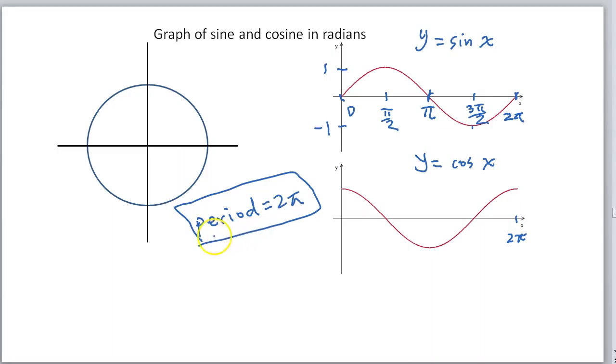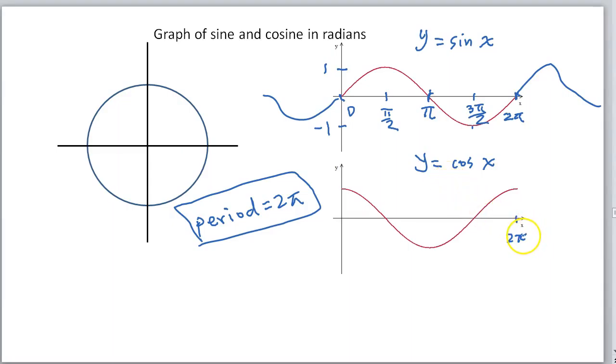We say period is 2 pi because these graphs repeat themselves every 2 pi radians. 2 pi radians is the full circle, so every circle it produces the same graph. It produces the same graph before and after. So you have to remember that the period of sine x and cosine x is 2 pi.